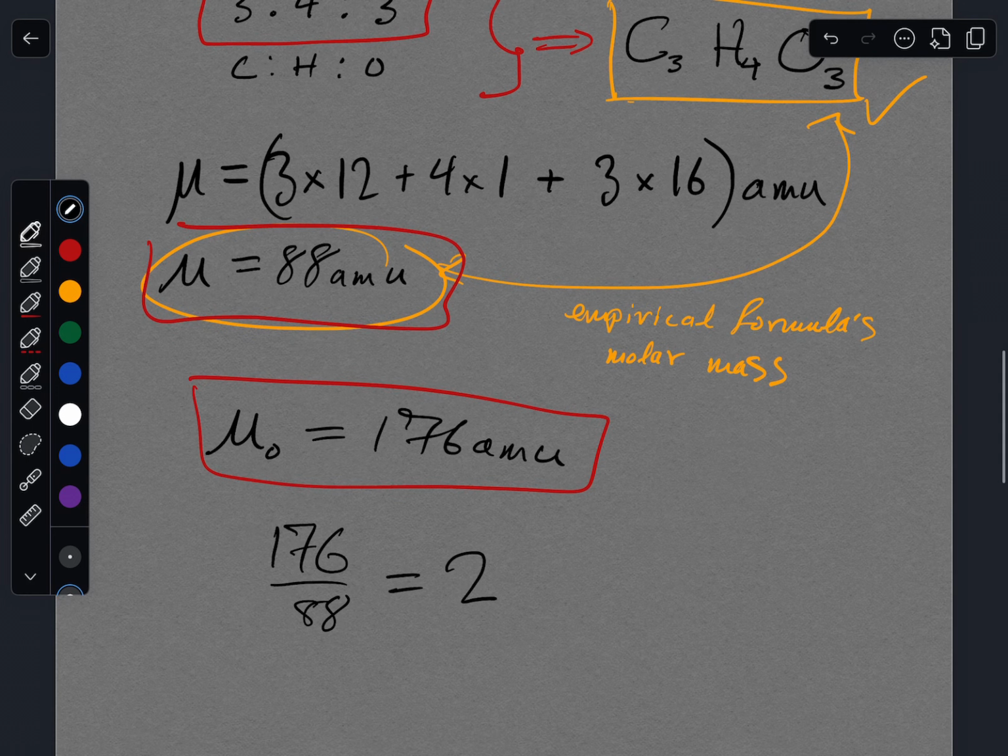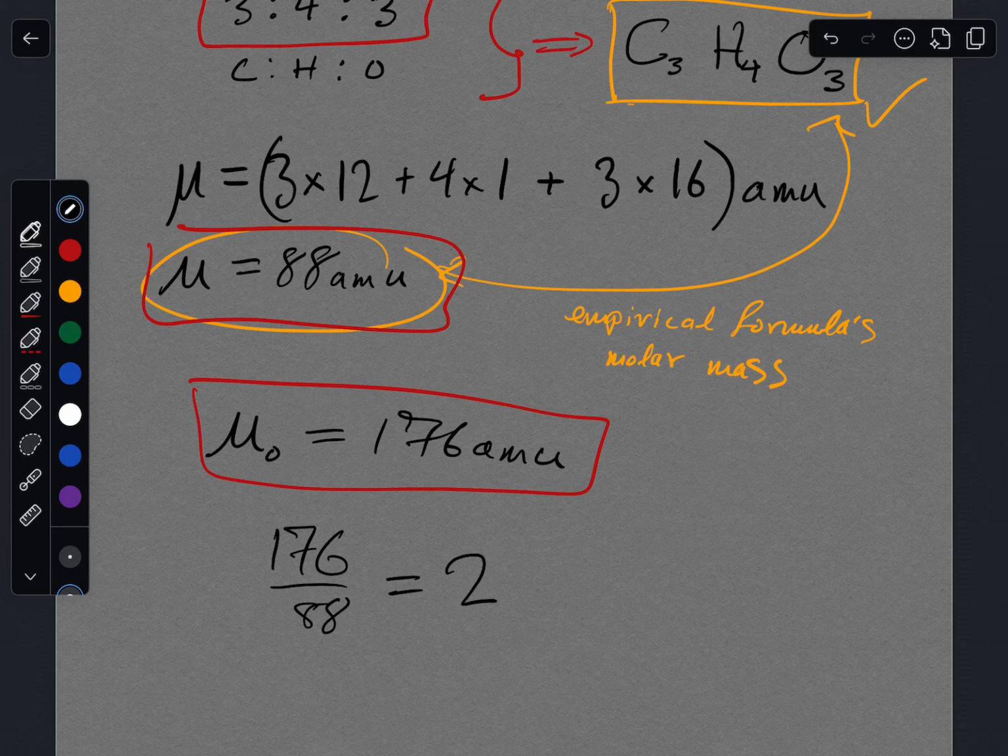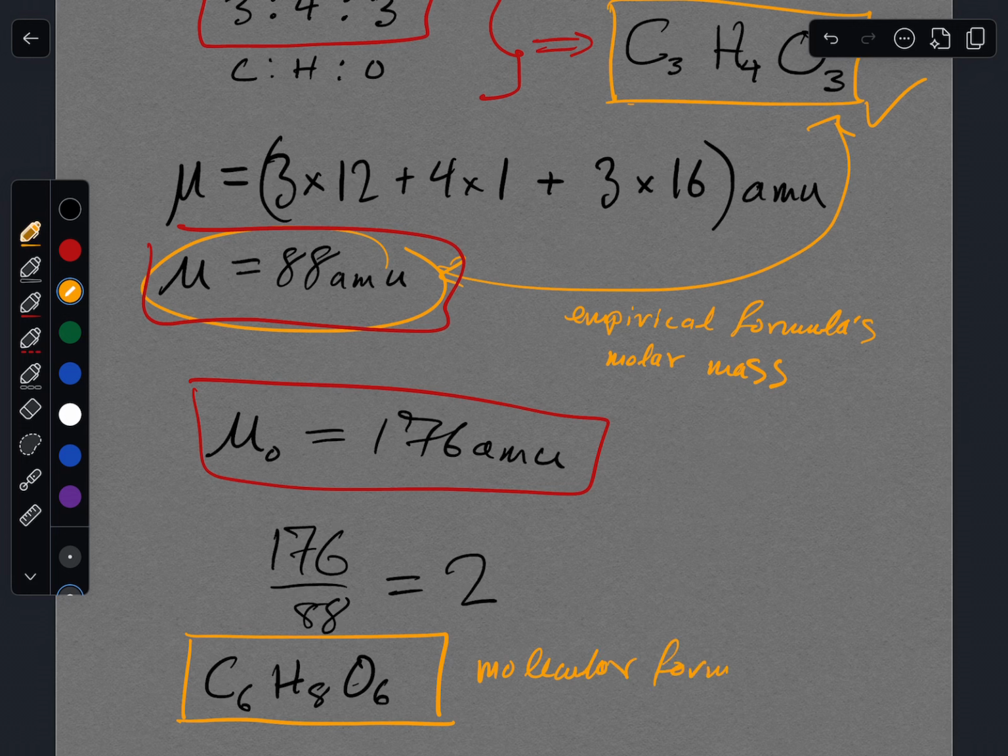So what we need to do, because the known molecular weight is twice that of what we found, we need to double everything. So we really want to have C6H8O6. And that brings us to the correct molecular formula for ascorbic acid. And this example then demonstrates the connection between an empirical formula and molecular formula.